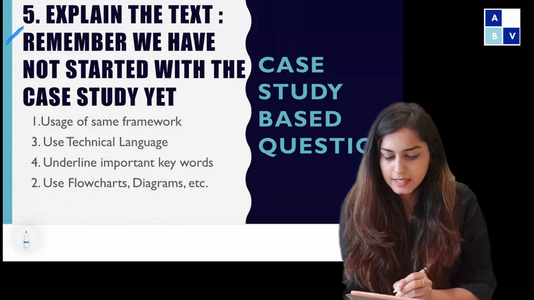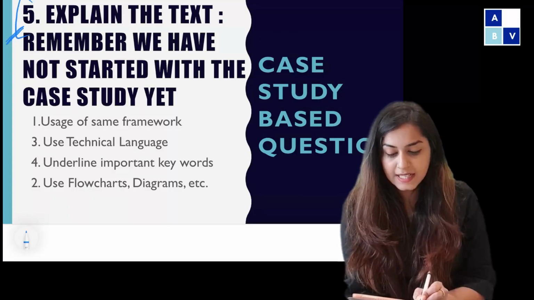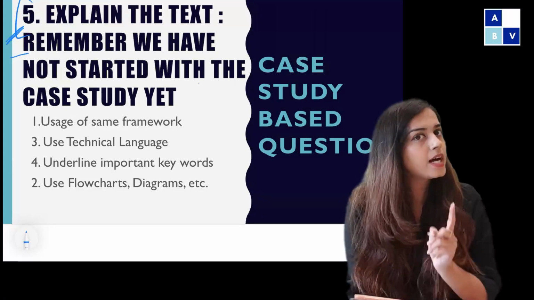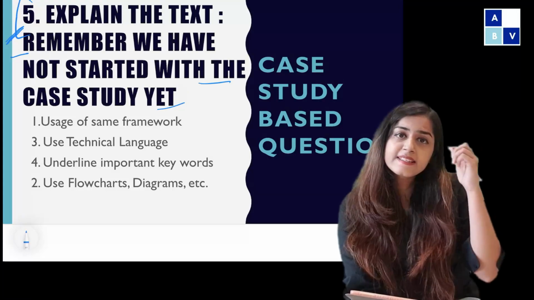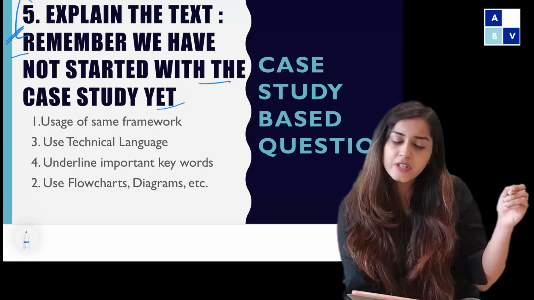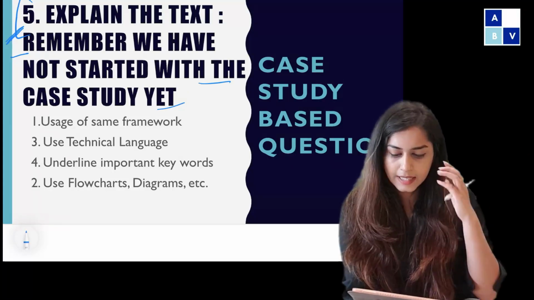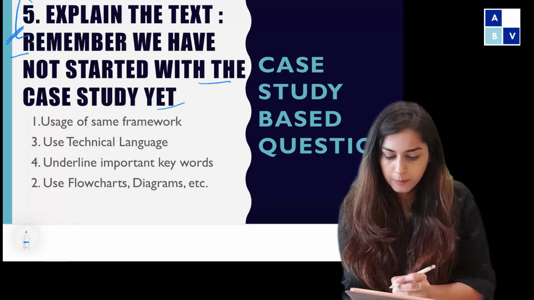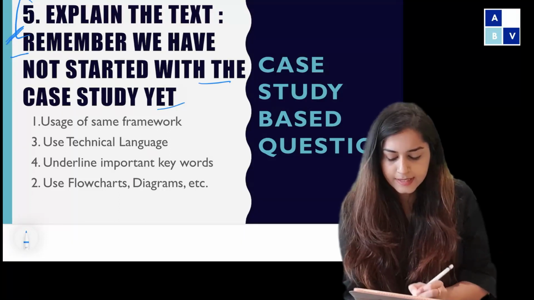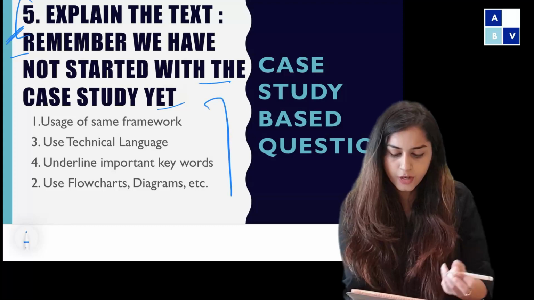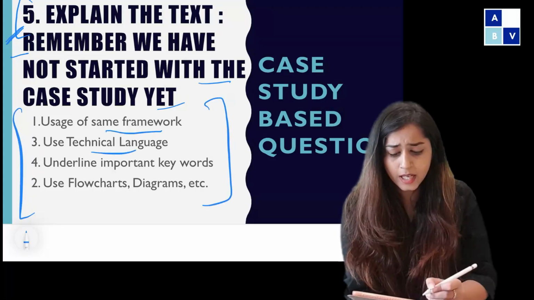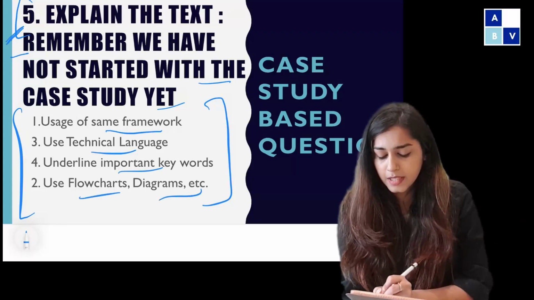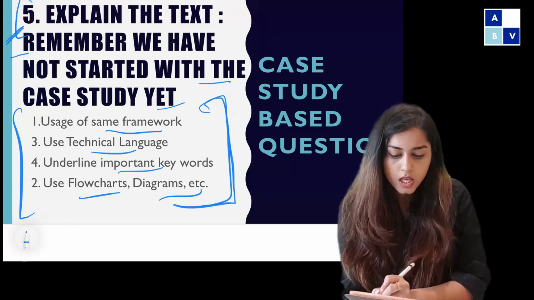Explain the text. Remember, we have not started with the case study yet. We are only done with the section number and definition, and now we are starting with the text. Whatever things I taught you, usage of the same framework, technical language, underlining important keywords, using flowchart diagrams, you can use it in this particular area.